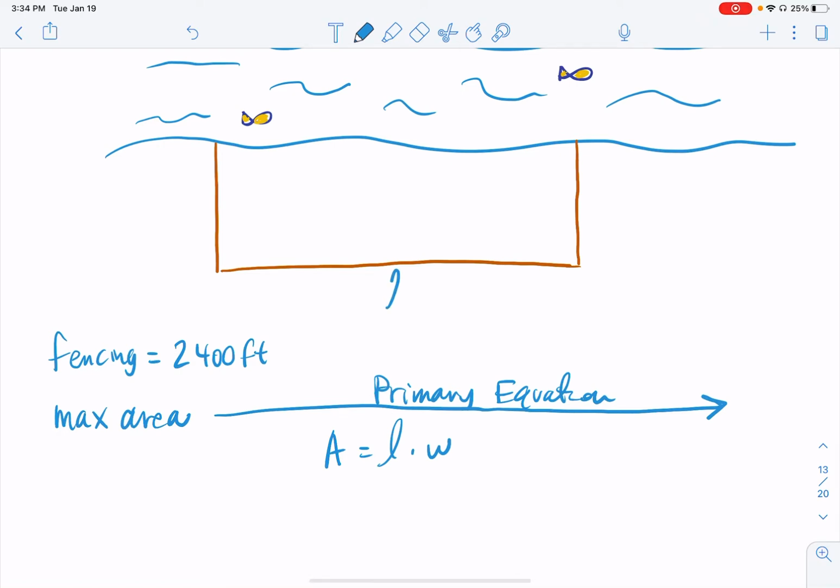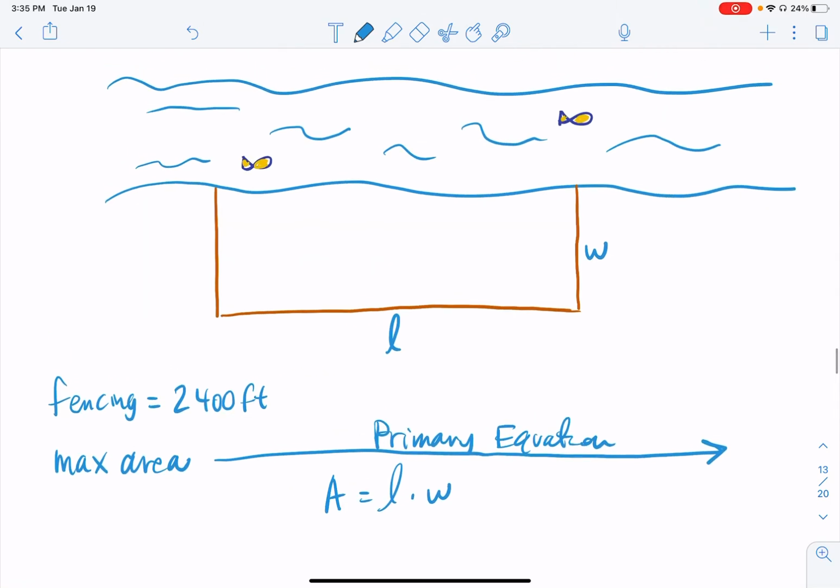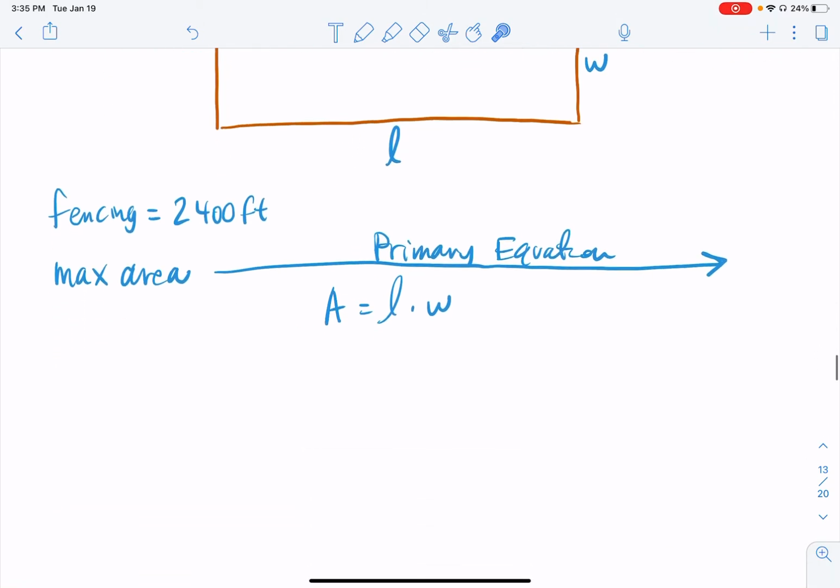How about we say that's the length and that's the width there. And as we have seen before in the previous exercises, we've got one too many independent variables. We have to get rid of one of them. And we can do that with this fencing equation. It's not really an equation yet, but we're going to turn it into one. And this is going to form our secondary equation.